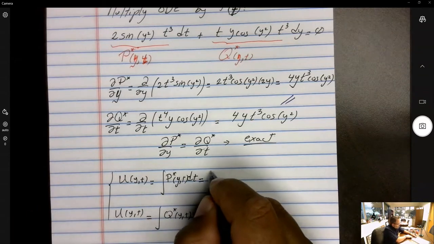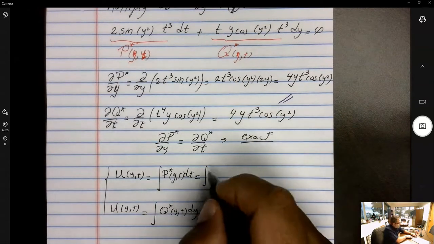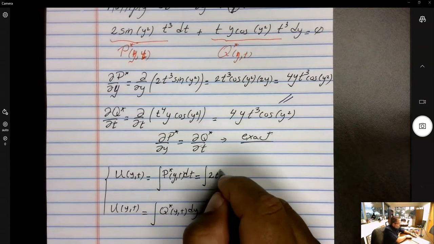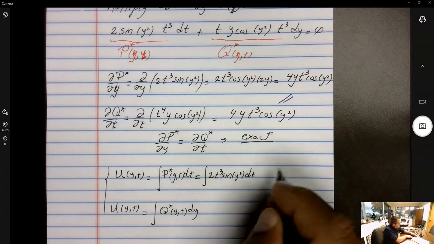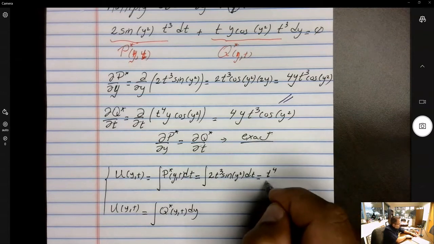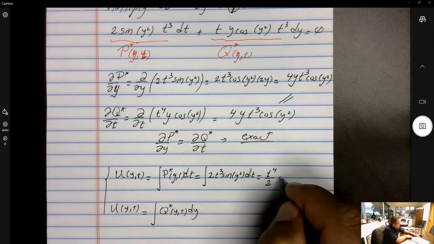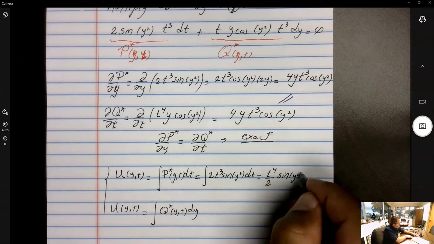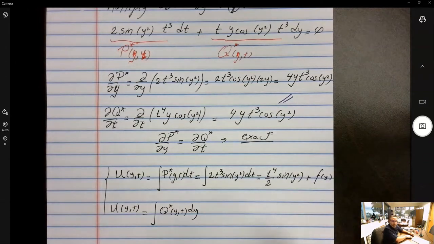This will be the integral of this whole thing, 2 t cubed sine of y star dt, which is t to the power of 4 divided by 4, but with these 2 that will turn into a 2, sine of y squared, plus some function of y here that's a constant of integration.